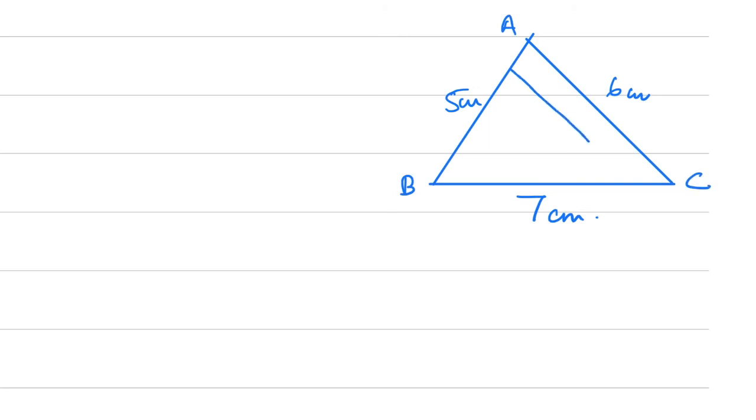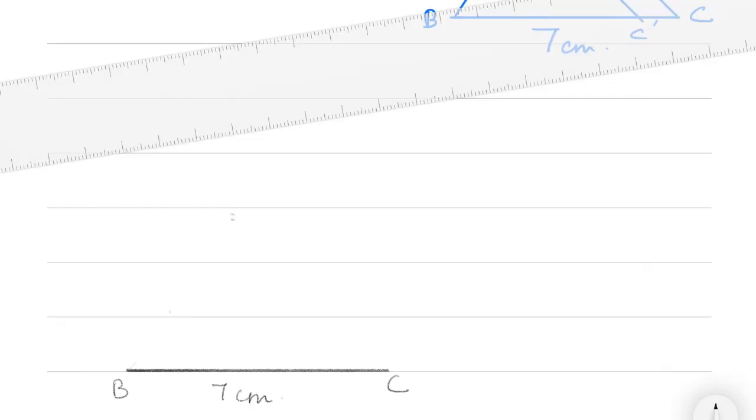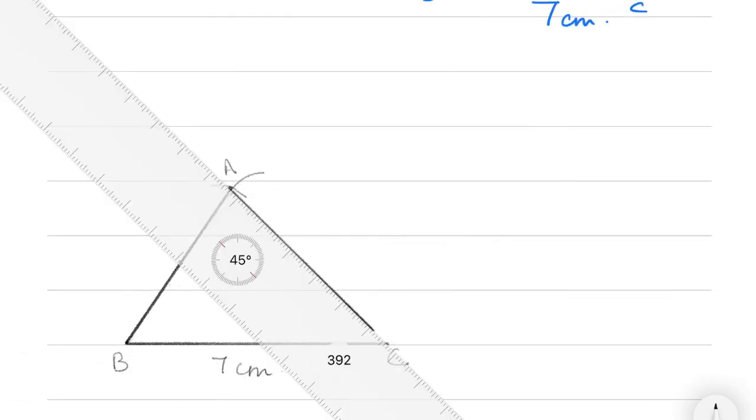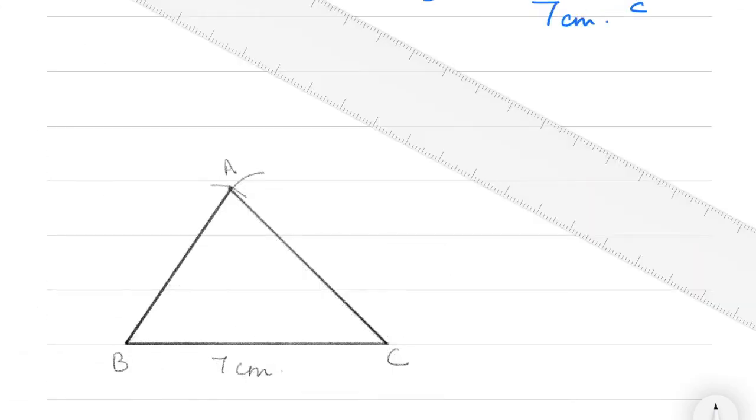So we have to draw another triangle, maybe A dash B C dash. Let's start constructing. So this is BC, 7 centimeters. We'll take from B a 5 centimeter arc and from C a 6 centimeter arc. So we get this point as A. Let's join AB and AC. We got the triangle ABC.